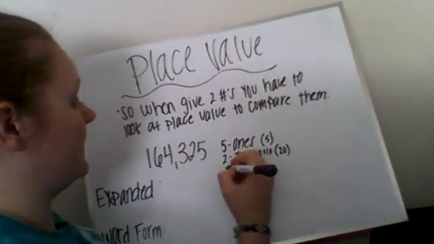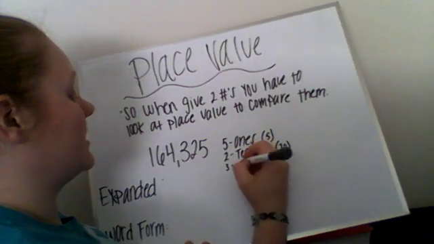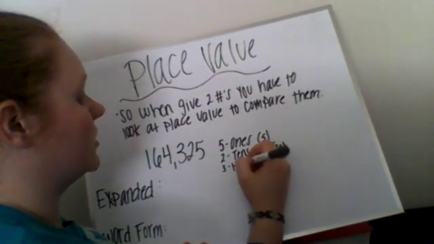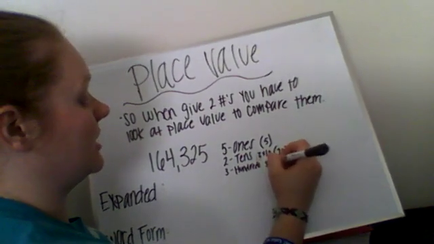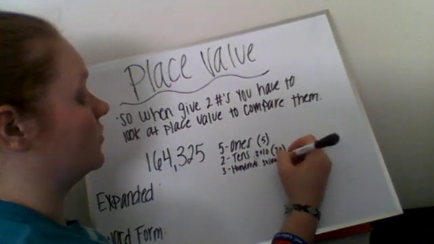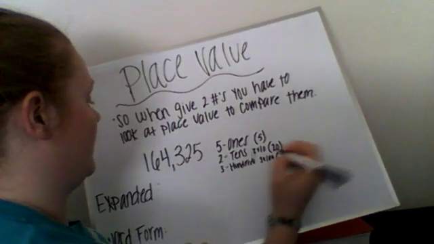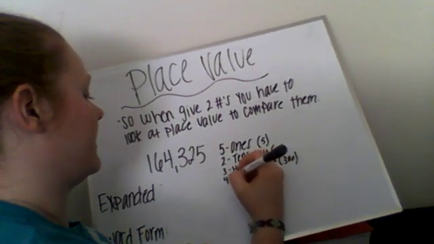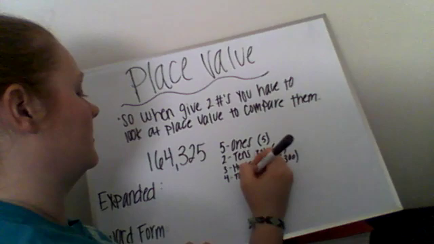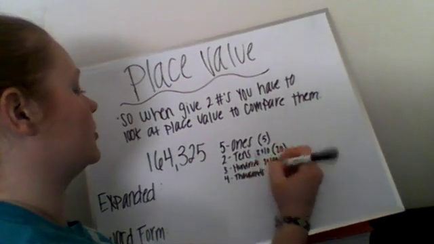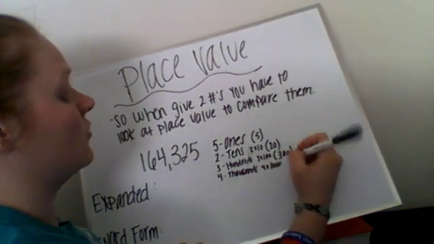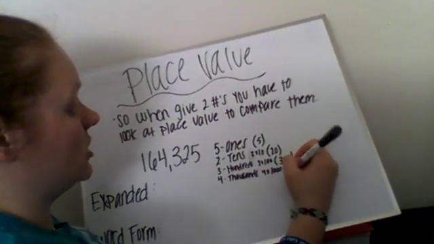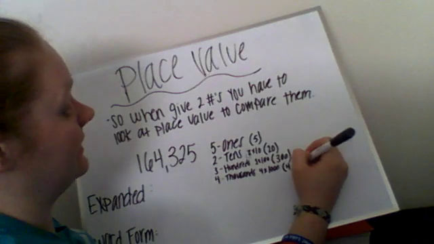Okay? Then if I look at my 3, it is in my hundreds, which is just saying that it's 3 times 100 because that's the place value that you're in, which is just 300. My 4 is in my thousands, which is just saying 4 times 1,000 because we talked about how when you go up a place value, you are gaining it by 10.